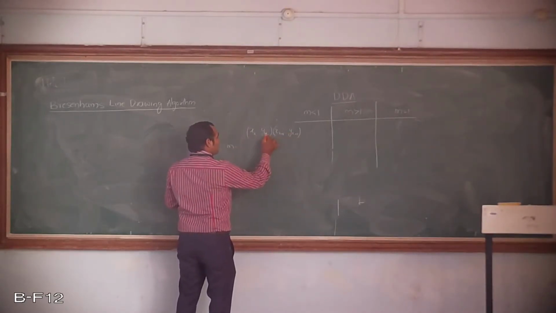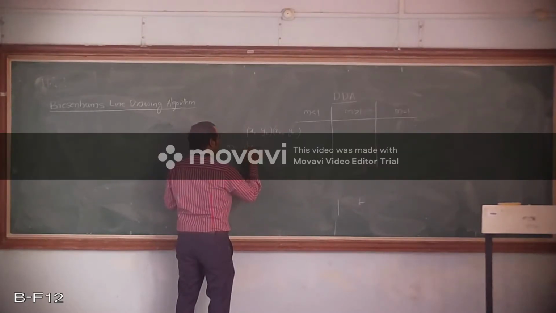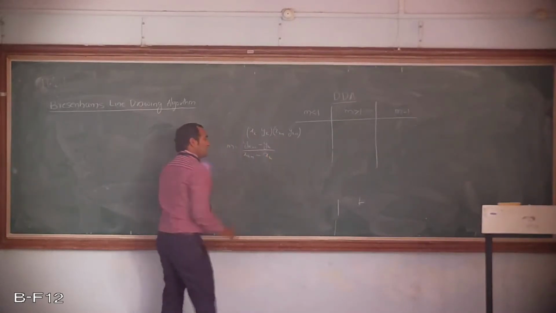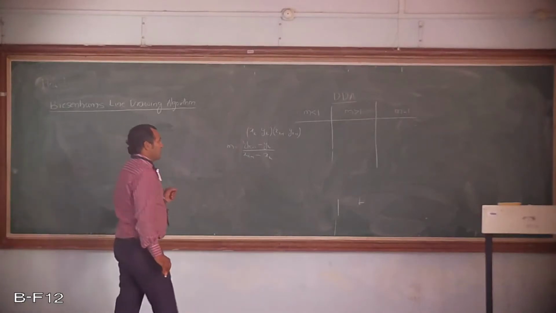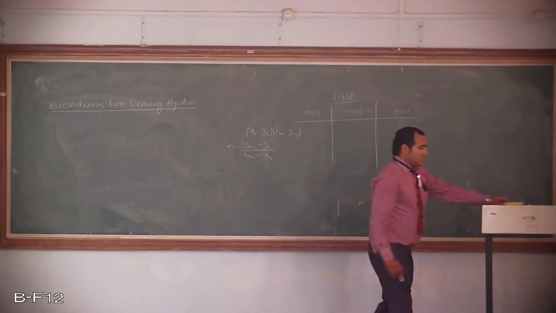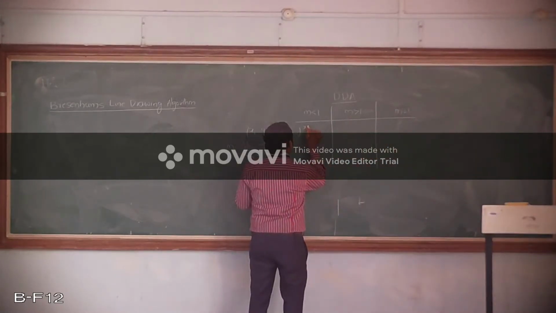Slope is change in y coordinate upon change in x coordinate, so I had written it as yk plus 1 minus yk upon xk plus 1 minus xk. This was the value of slope, and we have seen that when slope is less than 1, x will move in unit intervals.